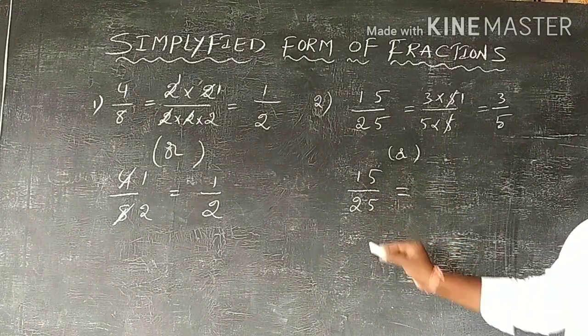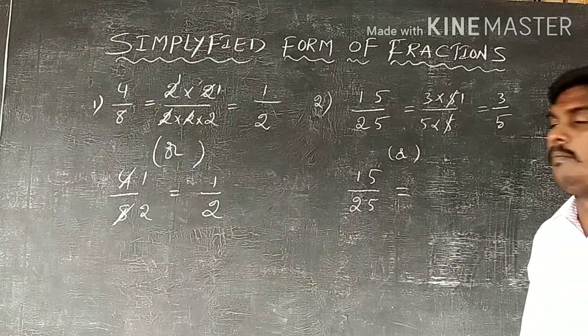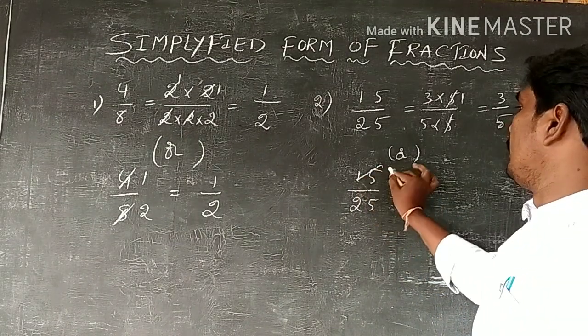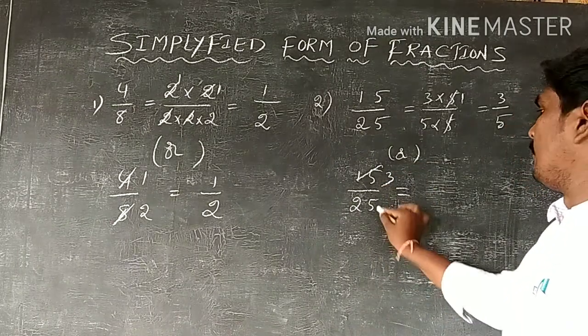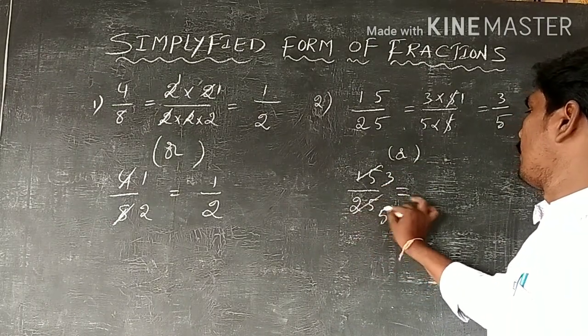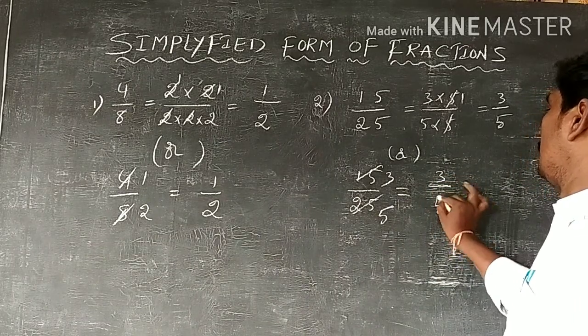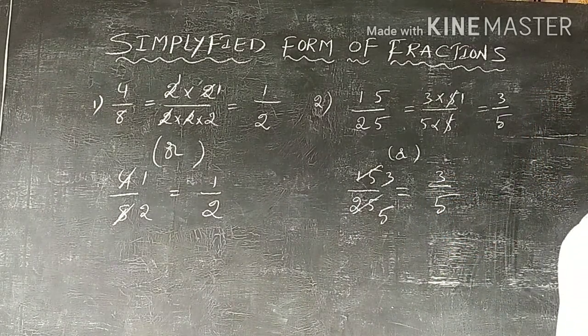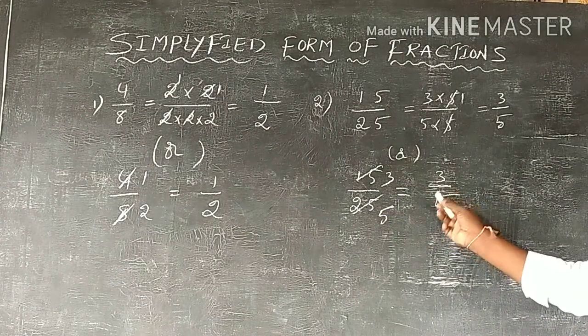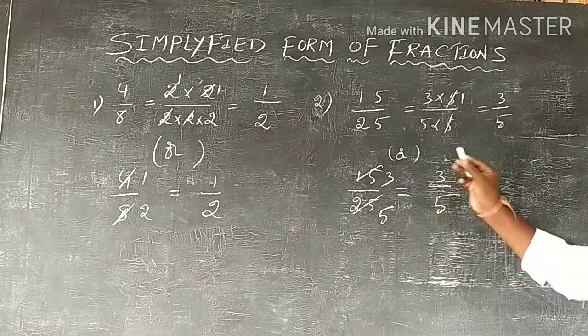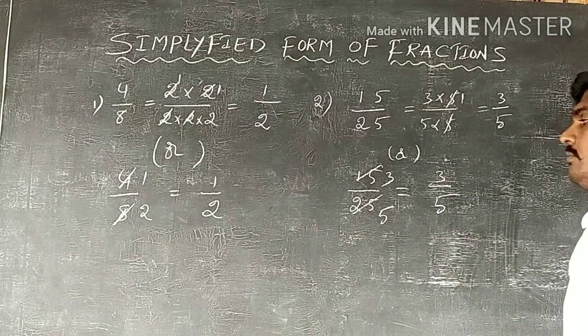So numerator and denominator can both be divided by 5. 5 table 15, how many times cancel? 3 times, 5 threes are 15. 5 table 25, 5 times. So 3 by 5. Like this we can simplify 15 by 25. This is the lowest form or simplified form of this fraction.